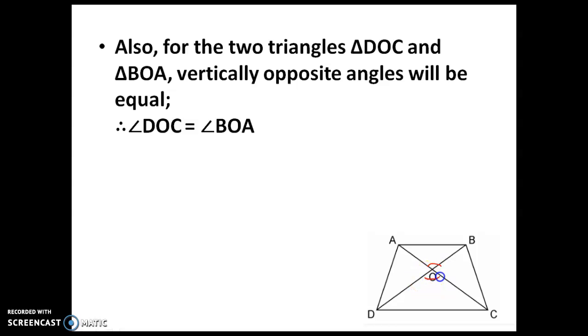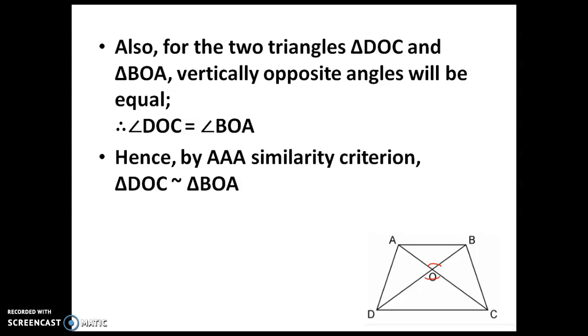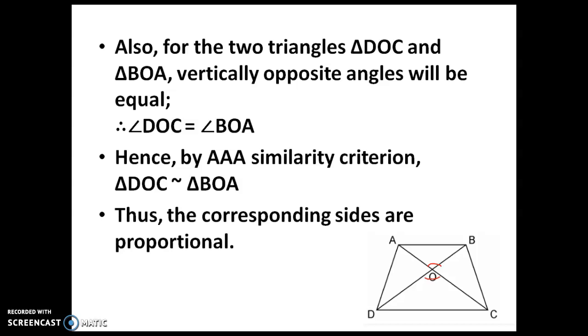So we found the AAA similarity criterion, all three angles are equal. Just now we found these two angles are equal, these two angles are equal, and this angle is vertically opposite, so equal. So by the AAA criterion these two triangles are similar. Similar triangles mean the sides will be proportional.